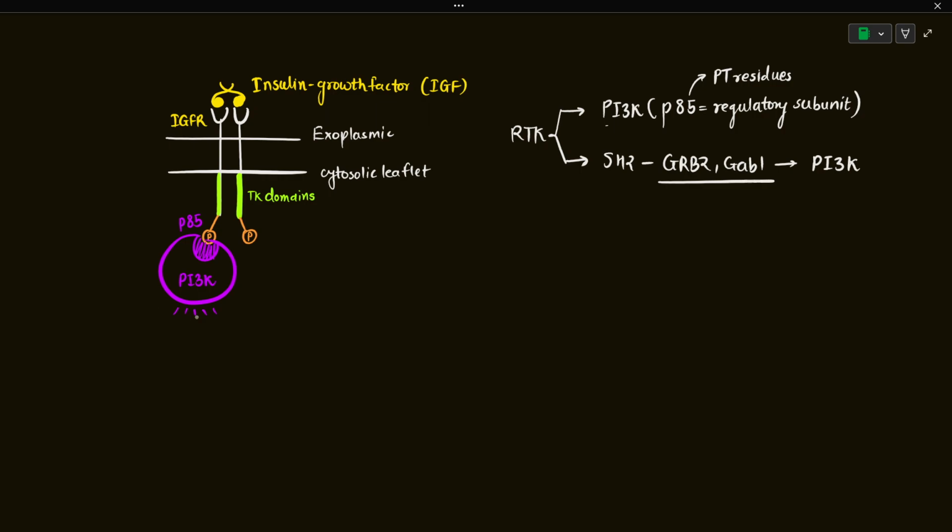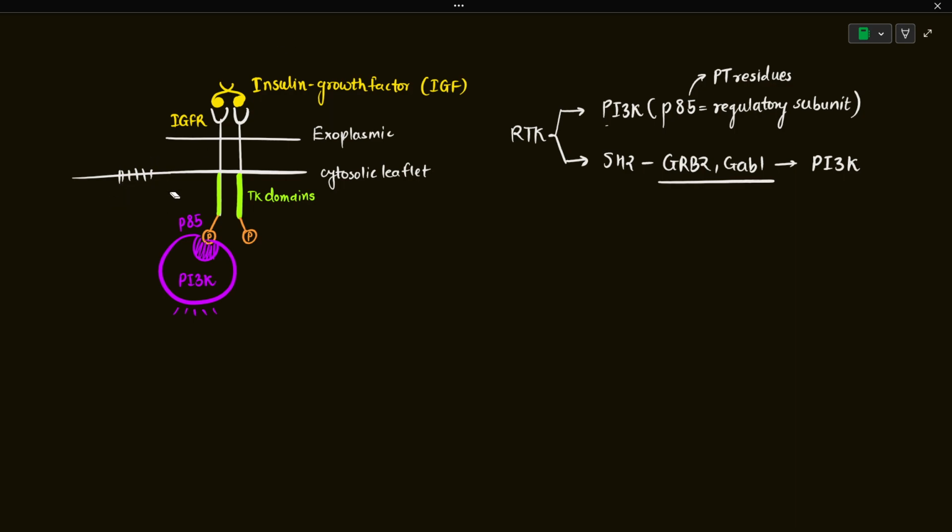It is a kinase, so it is going to phosphorylate PIP2, which is already present over the cytoplasmic leaflet. We discussed that PIP2 is adhered with the help of a lipid anchor. Let me just draw PIP2 over here. Let me extend this cytoplasmic leaflet, and here, with the help of some lipid anchors, PIP2 is adhered.